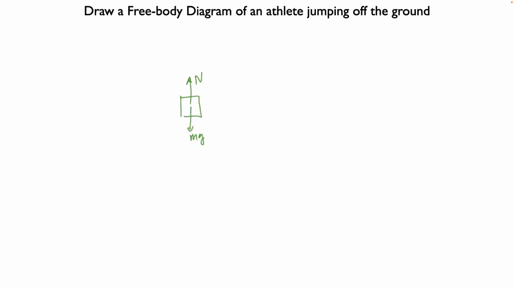Acceleration. Acceleration is not a force. Any other forces? Well, the athlete jumping. So what objects are pushing or pulling as the athlete jumps? Well, his muscles are part of the athlete. Legs.